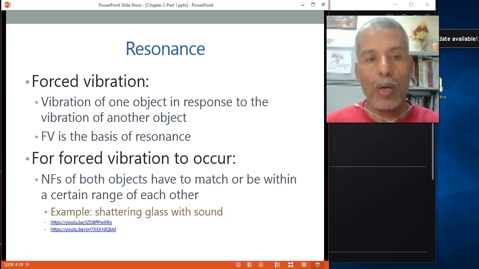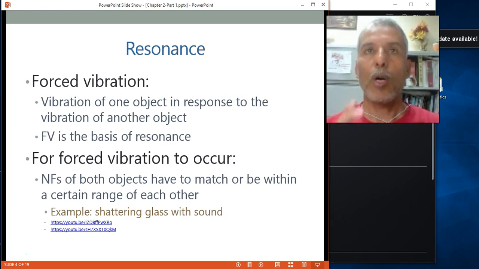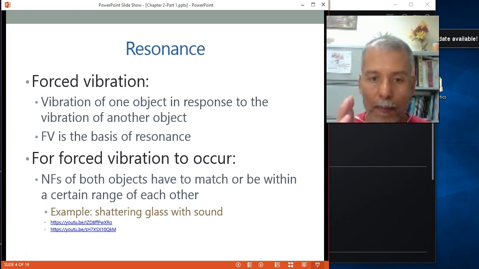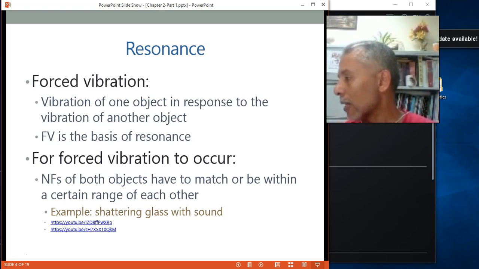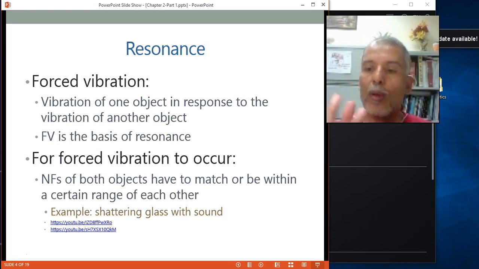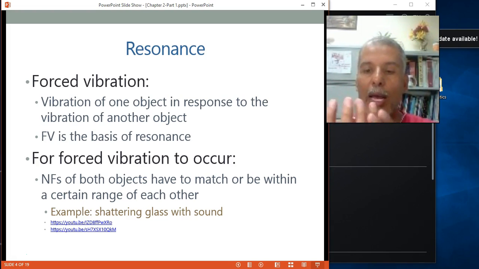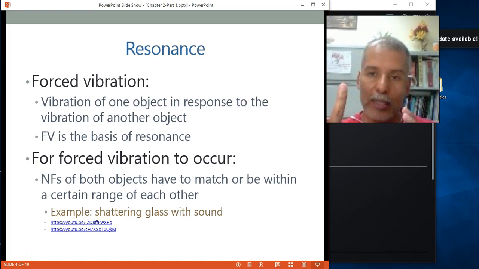So, for example, I'll give you an example, like the videos that you watch about shattering glass. When you look at that, the glass has glass walls. And these walls can shrink, contract, and expand.